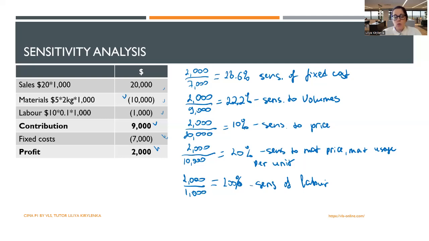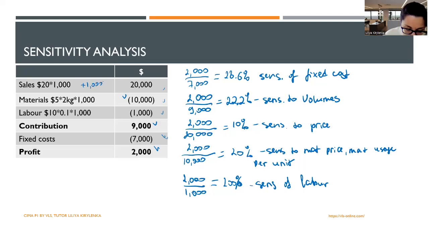And another way would be when we will use sensitivity in a what-if analysis. So we are going to say, so what's going to happen to our profit, by how much is it going to fall if our prices increase by 5%? So let's see. If our prices increase by 5%, then they will increase by 1,000, because we will take this 20,000 and multiply that by 5%.